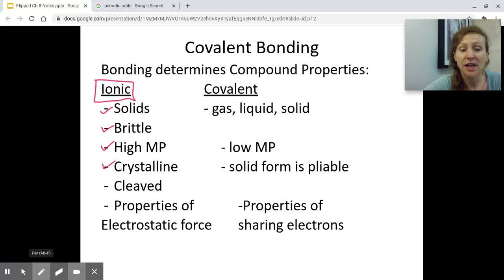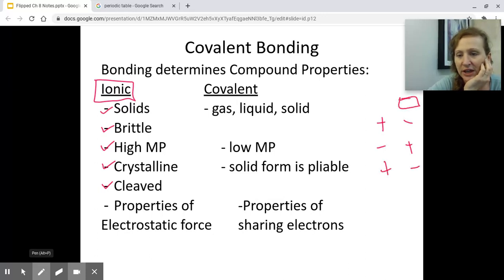They're crystalline. We have a whole section in our chapter that describes the structure of ionic compounds. They can be cleaved, which means when they're hit with a hammer and that pattern of negatives and positives gets disturbed.